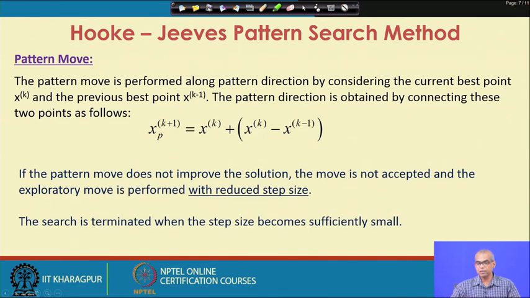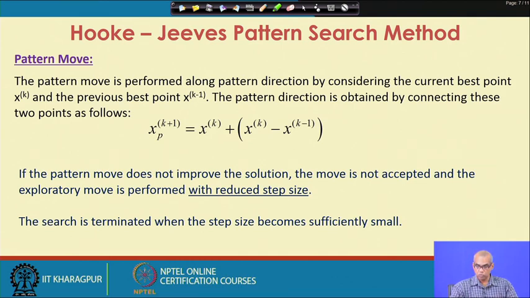So, basically the pattern direction is obtained by connecting the 2 best points, the current best point and the previous best point. Then you can perform the pattern move using the equation shown. If the pattern move does not improve the solution, the move is not accepted and the exploratory move is performed with reduced step size.